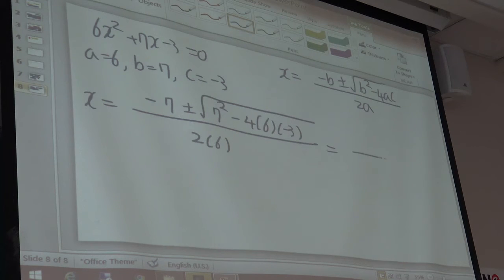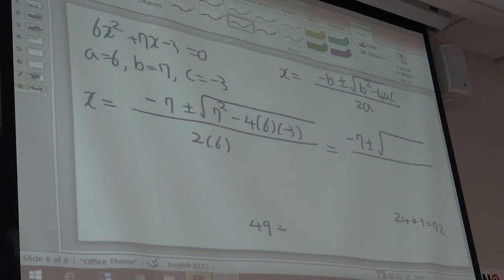So let's simplify. This is negative 7 plus minus square root of 7 squared, which is 49, minus 4 times 6 times negative 3. 4 times 6 is 24, and 24 times 3 is 72.